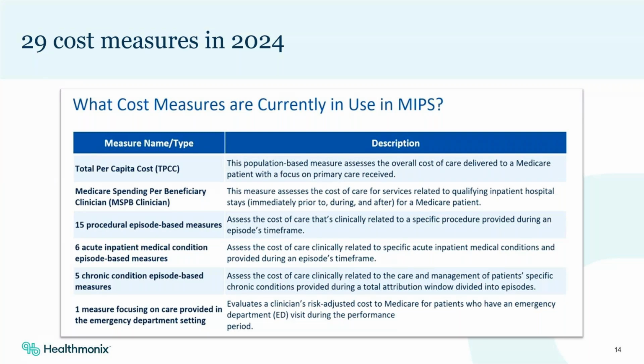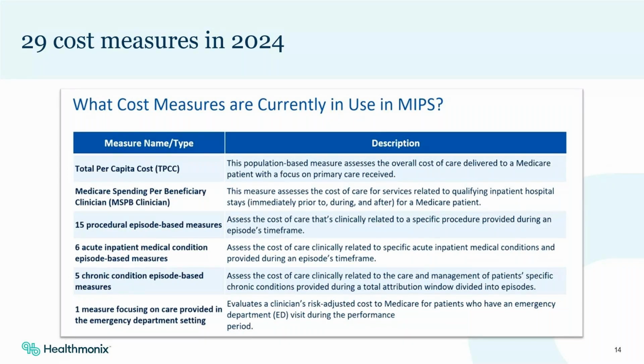I'm going to start off talking about the cost measures for 2024. So right now there are 29 cost measures, and the most popular of which is the TPCC measure. This is the one that's attributed the most, and then Medicare spending per beneficiary, or we call it MSPB. So these are the most attributed measures. Total per capita cost is about looking at a patient over a full reporting year.